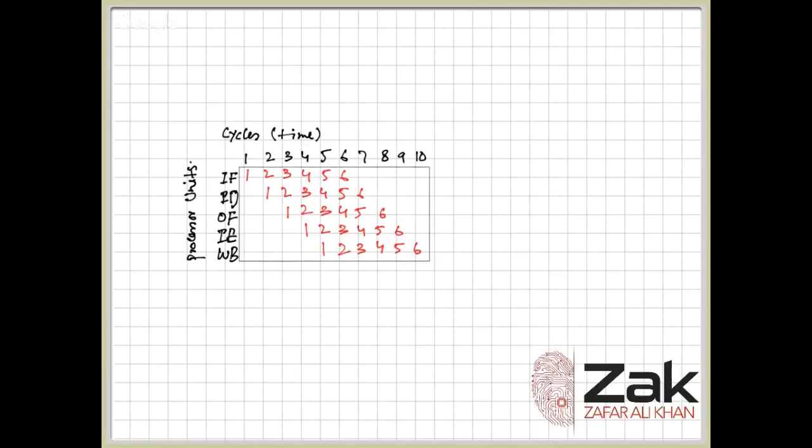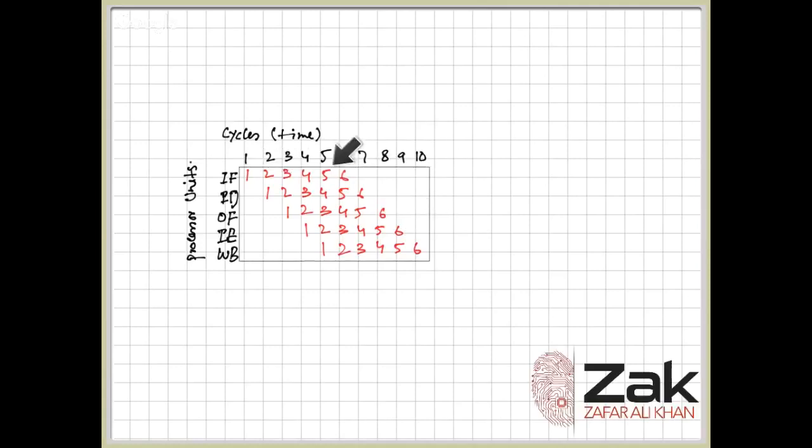It takes 10 cycles. So this is one cycle. A cycle is what? A unit of time. So 6 instructions will take how many cycles?